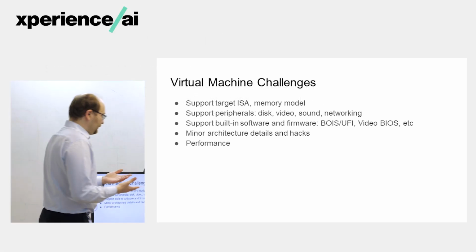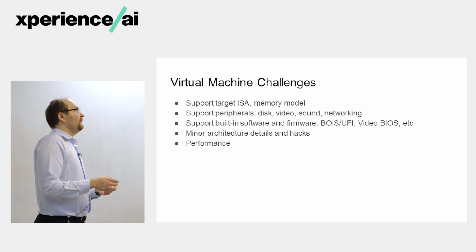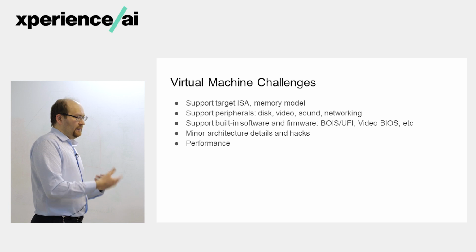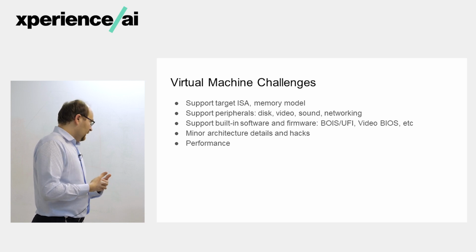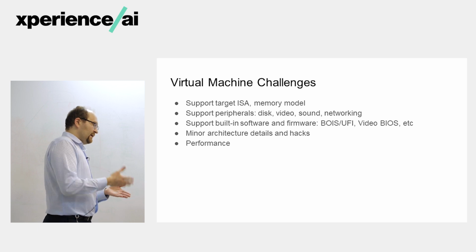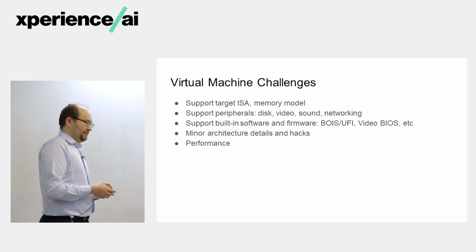It can be done in different ways, with different hardware support, with different levels of quality and accuracy in terms of hardware emulation. The first thing that you have to do is to support the target instruction set with a lot of small details and the memory model.